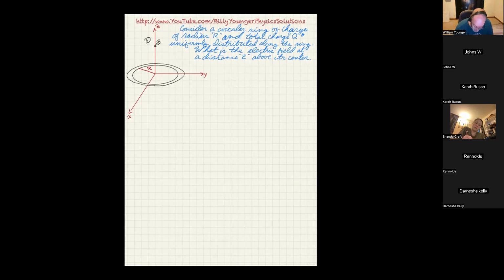When I do this, by the way, I usually choose my particular charge element either on the x-axis, on the y-axis, or in the first quadrant, where both x and y are positive. The main reason is you often get negative sign errors and stuff like that if you don't. So I'm going to do the same thing right now.